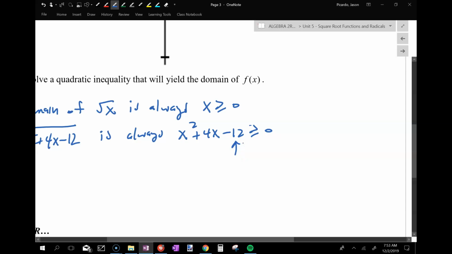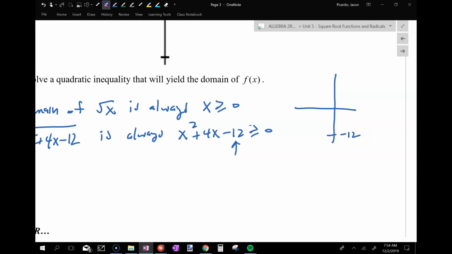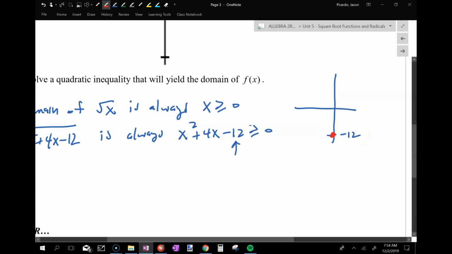It's a happy parabola, so I know it's going to go through this point, and I know it's happy. Agreed? So I know it has to look something like this, which means it has to have how many roots? 2 roots.